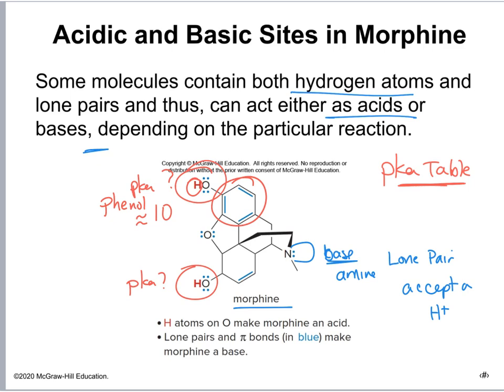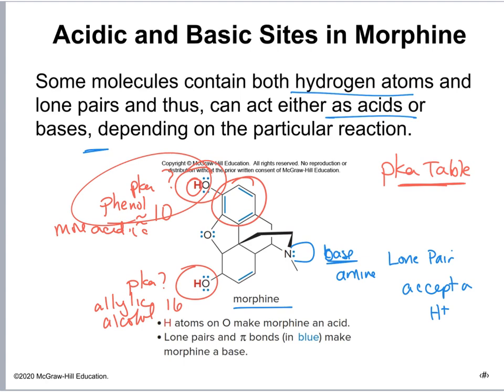This is an allylic alcohol, and I'm going to say it has a pKa of somewhere around 16. Okay, so this would be your more acidic proton because 10 is less than 16.